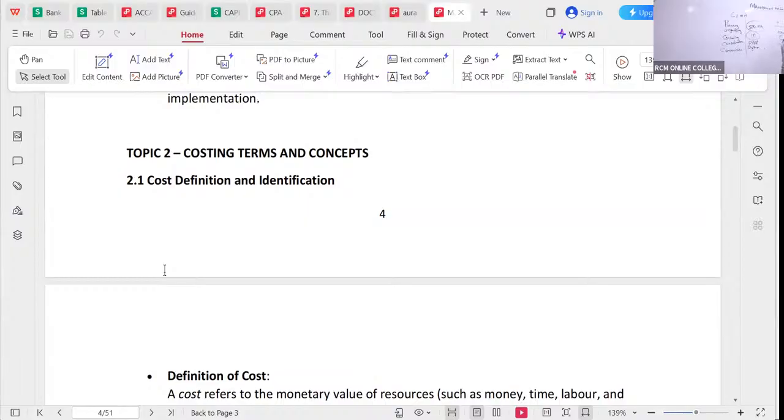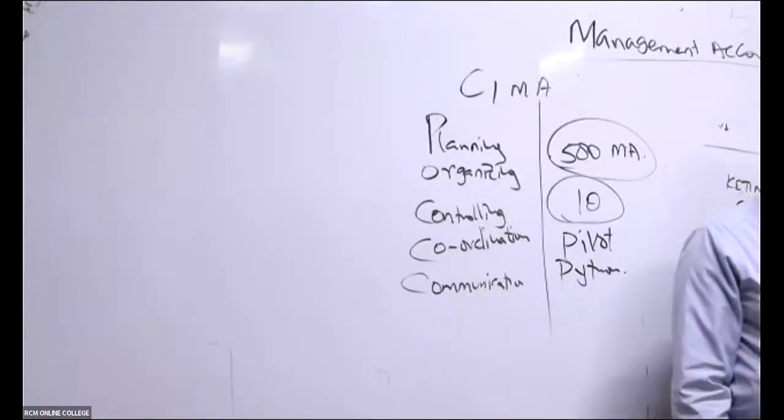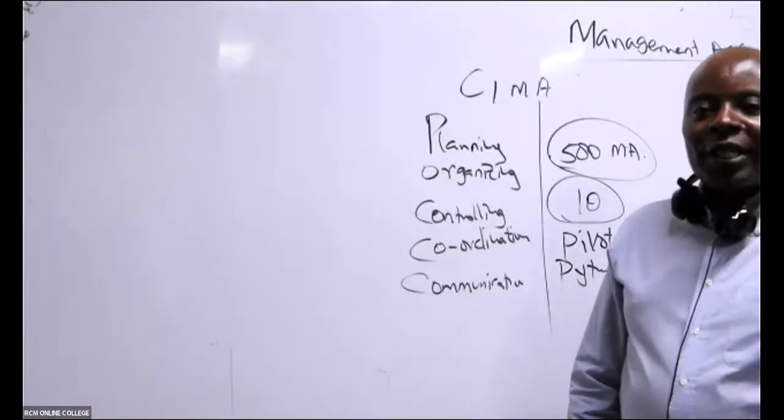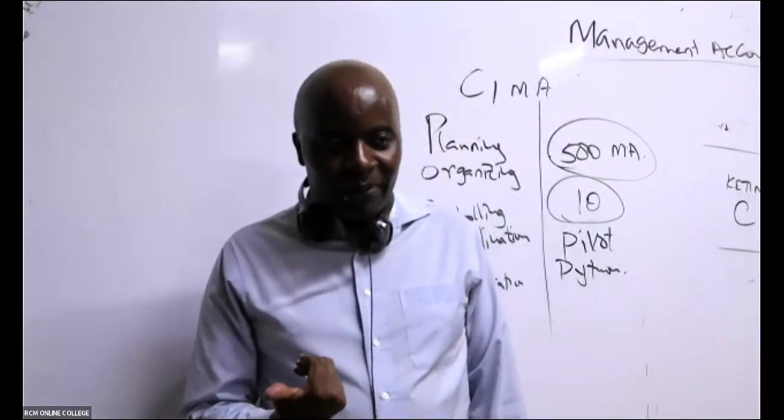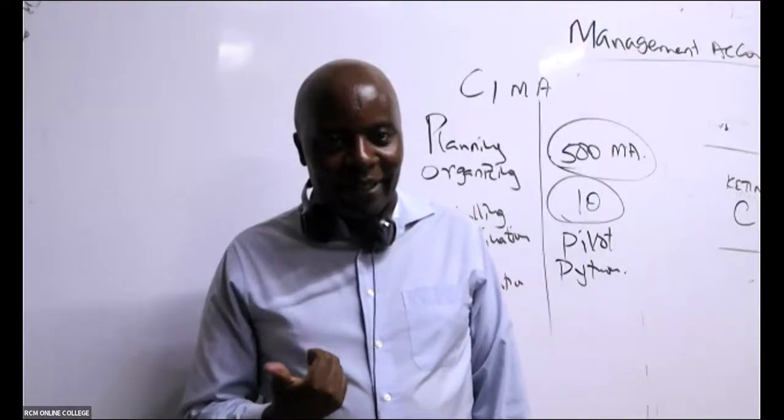So topic number 2, costing terms and concepts. Ladies and gentlemen, what is the cost? We have said so much about this cost. What is a cost? When you say that it's going to cost you, for example, 100 shillings to reach home today, you're buying a service.